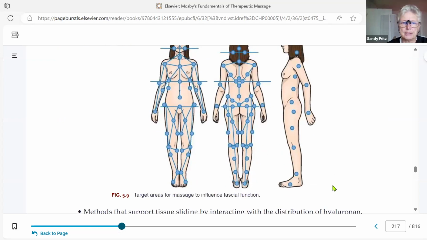And here is a chart. This shows up in your Essential Science book as well. It's a diagram. It's where these various fascial systems, these sheets of connective tissue, tend to dive down. They create compartments.